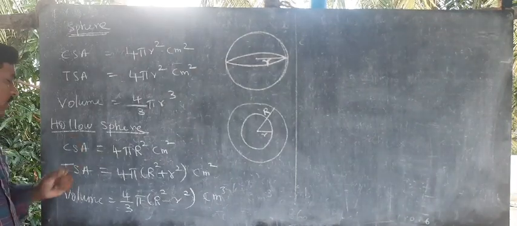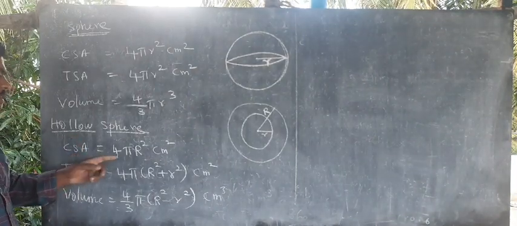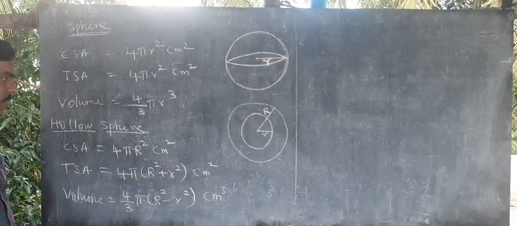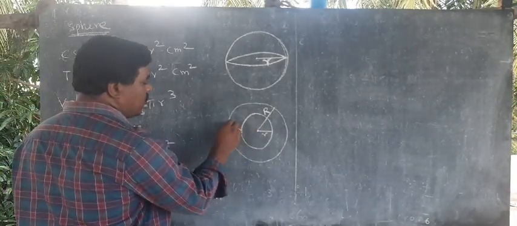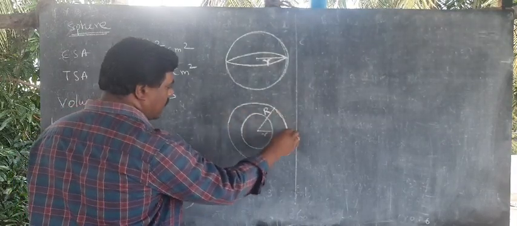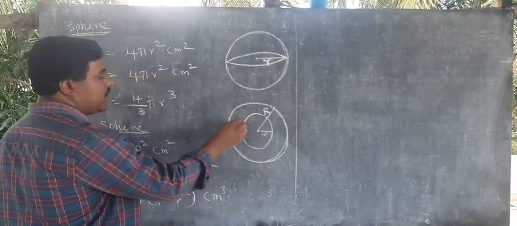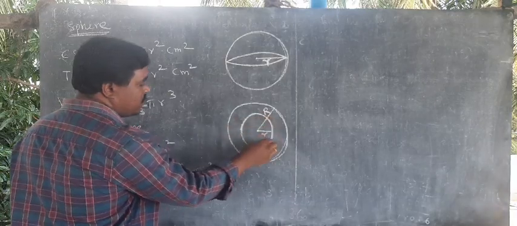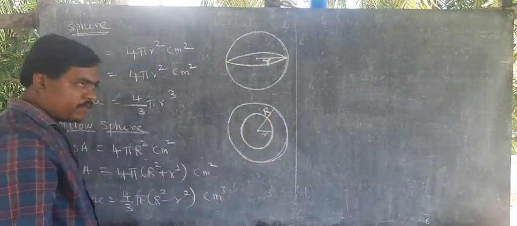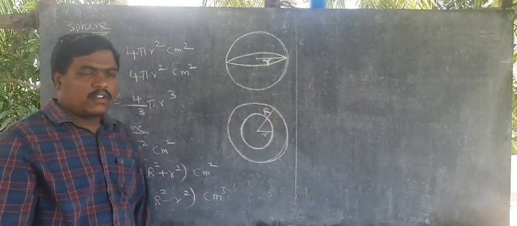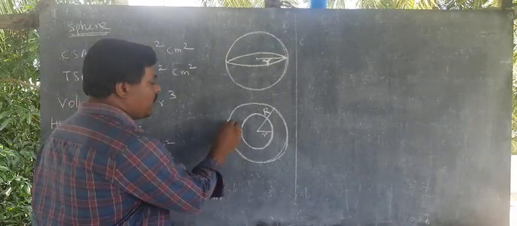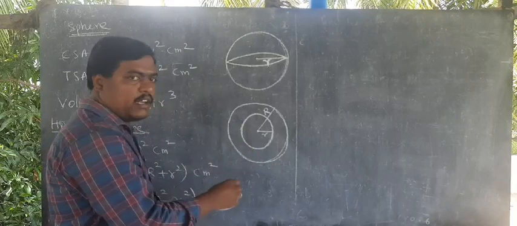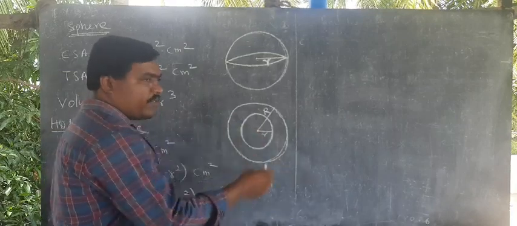Hollow sphere. CSA of a hollow sphere is 4 pi r square. Because hollow means we have one sphere inside another sphere. For example, a watermelon: the outer area is the green part, and inside we have the fleshy area.